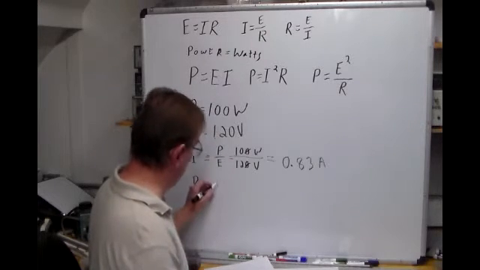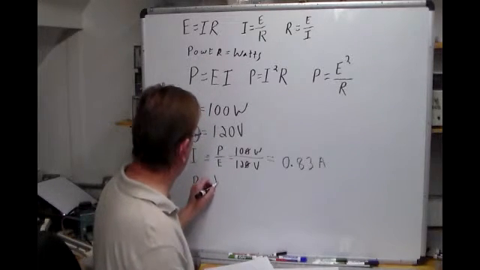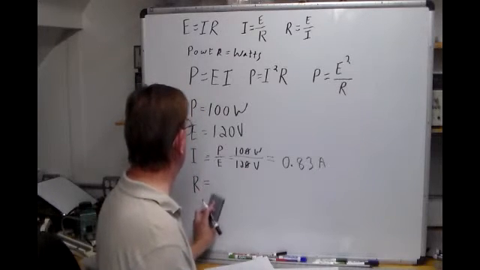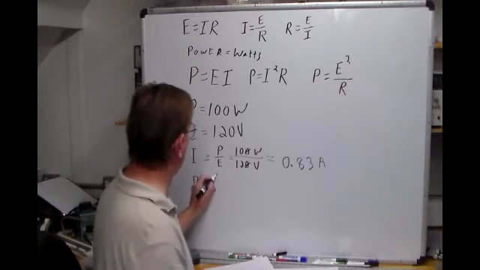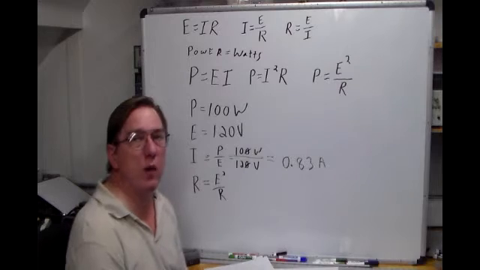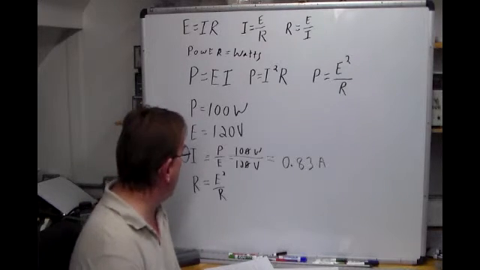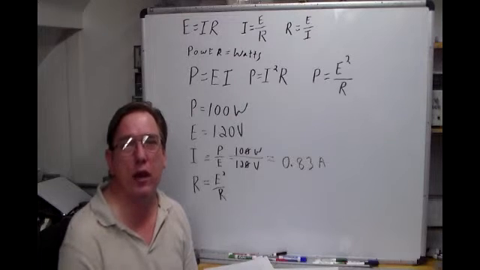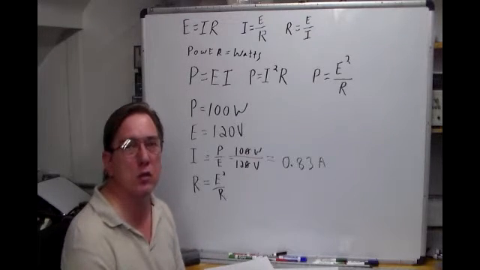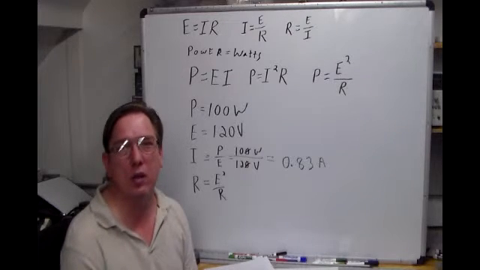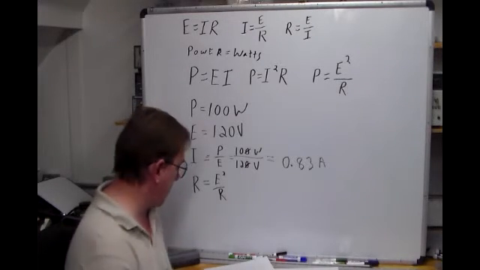All right, now for the resistance. The resistance equals the voltage squared over power. Now you can say V squared over R, that is valid, but I'm using E squared just so you get used to associating E with the voltage, because you're going to go through texts and if that isn't on the tip of your tongue, you get messed up.